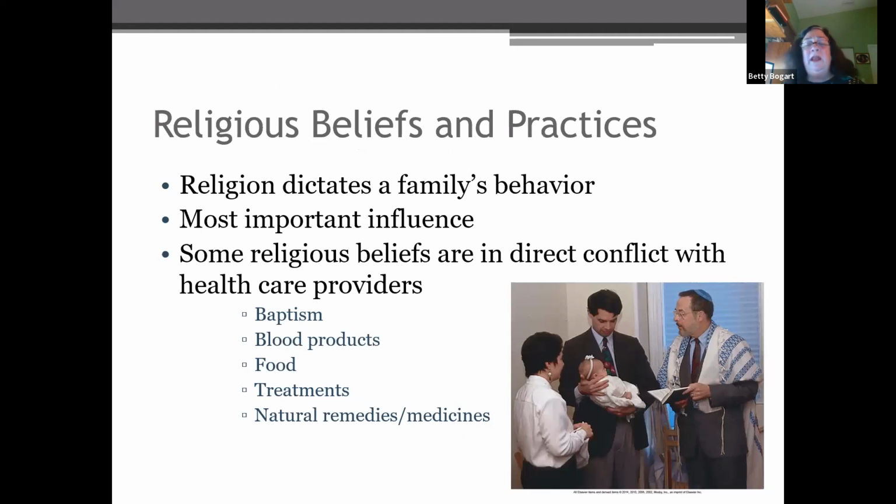Now, we know religion is one of many people's biggest priorities. And as nurses, depending on our own religious beliefs, we have to understand that. When you have a really sick newborn admitted, and we don't know the outcomes, one of the things I do is ask them, do you have any religious services you want to do?